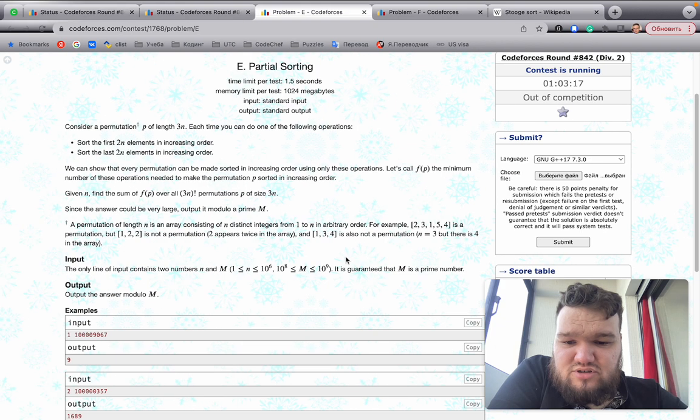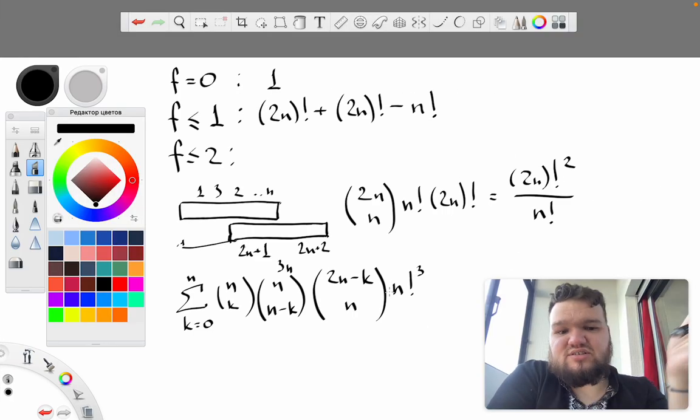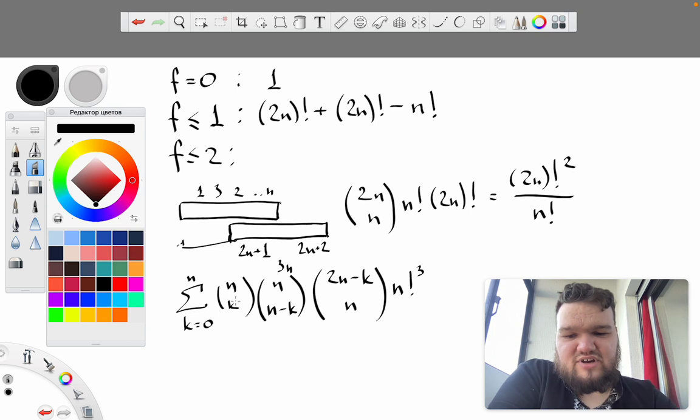We only have to solve for one n, right? So that's enough to get accepted, right? Well, we can pre-calculate all the factorials and inverse factorials. Then we calculate this, and the number of permutations for which f is at most 3 is just 3n factorial, because that's all of them.